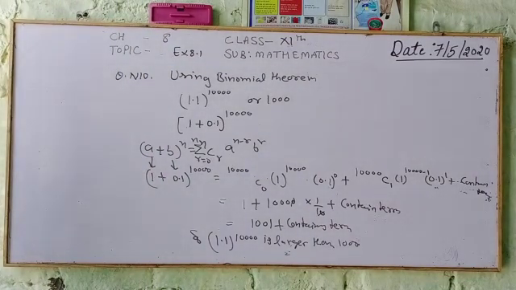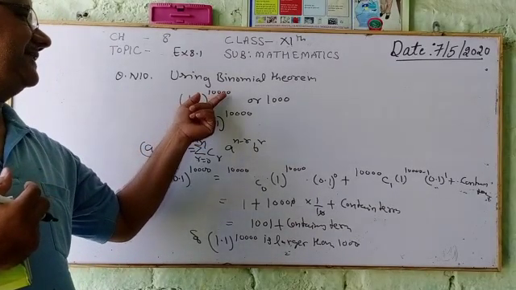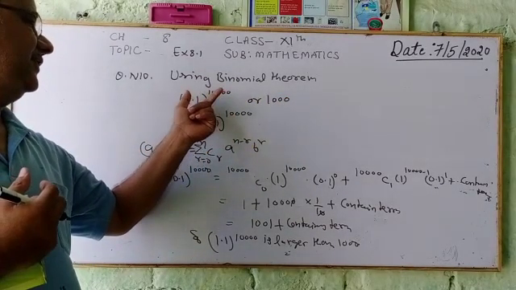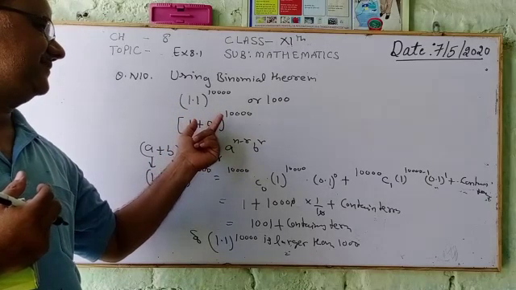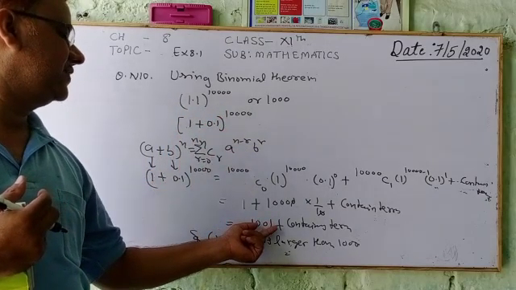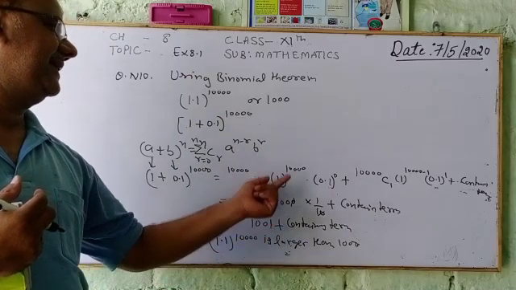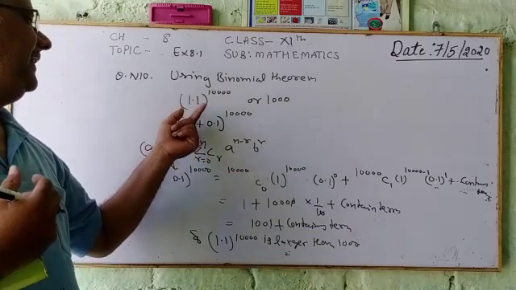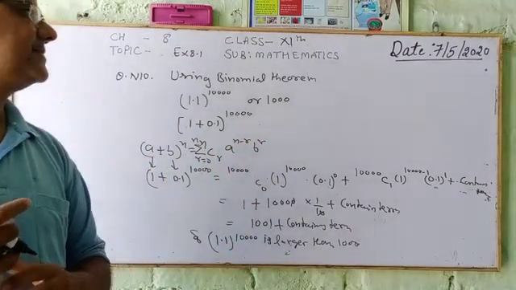Students, in this question we were given 1.1 raised to 10,000 or 1,000. We simplify by the binomial theorem, and the terms give us 1,001, which is greater than 1,000. So we decide the first term is larger than the second term.